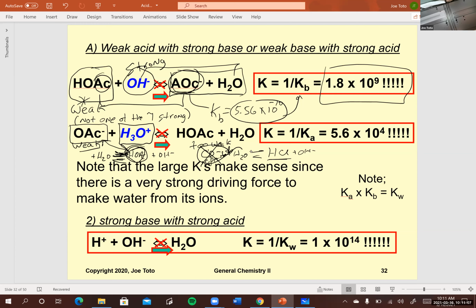What is this? What can I consider H3O plus? A weak acid?